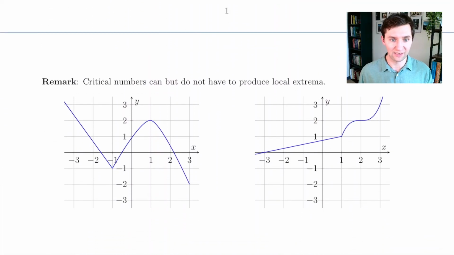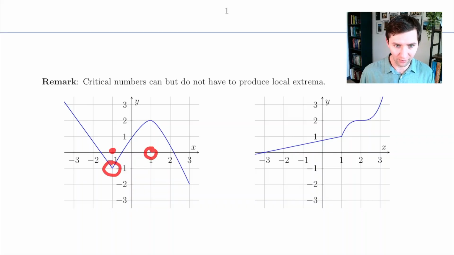Let's take a look at this example to make sure we understand that critical numbers are simply candidates for local maxima or local minima. In the first example, we have a critical number, -1, the derivative doesn't exist there, and we have a critical number 1, because there is a derivative equal to 0 there.